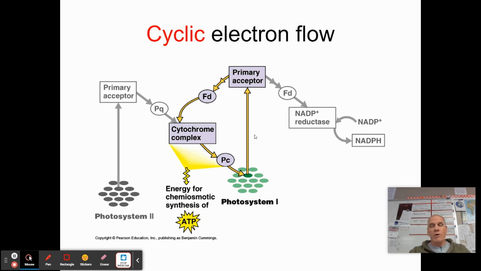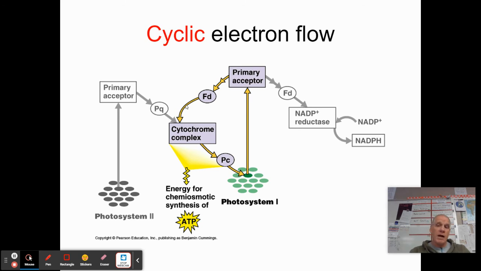Cyclic electron flow, on the other hand, only makes ATP, and the electrons are flowing in a cycle, in a circle. They go from photosystem 1, get boosted up into a primary acceptor, and instead of going down to NADP reductase, they come back into the cytochrome complex.